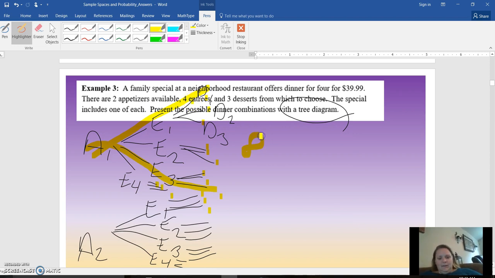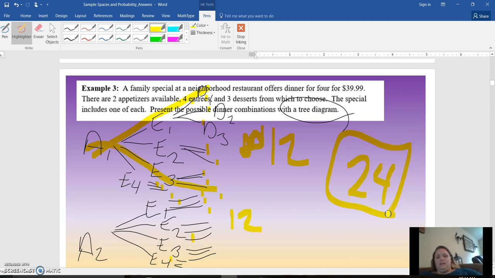There's 8 here. Hang on. That's not correct. 6, 12. Sorry, I can't count. There are 12 there, and there are 12 here. So we have 24 possible combinations. For example, you could do like dessert 2, entree 2, appetizer 2.